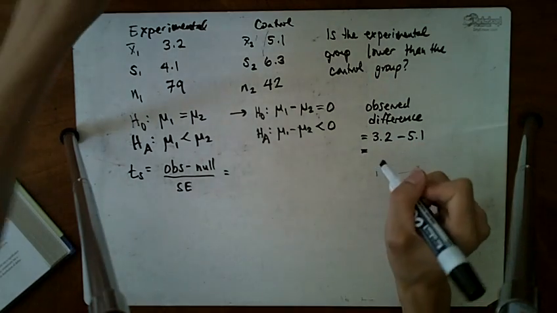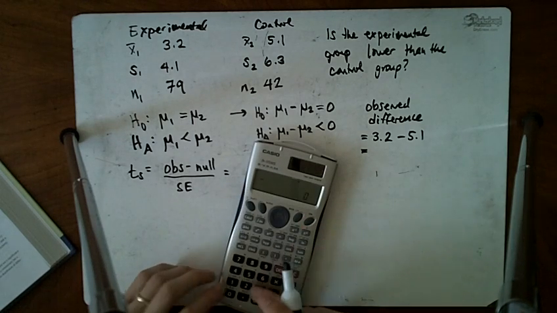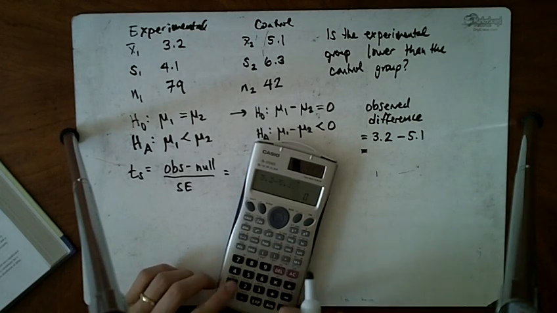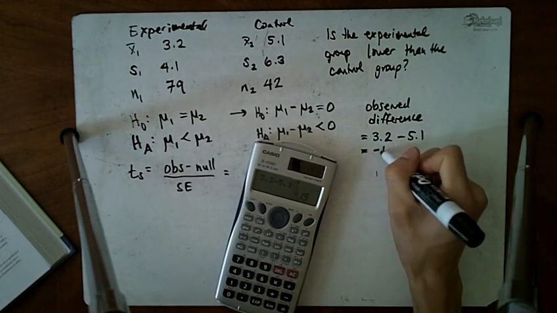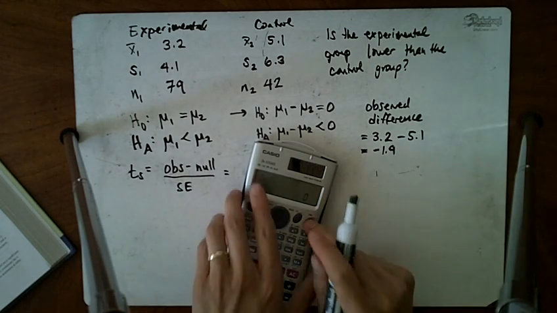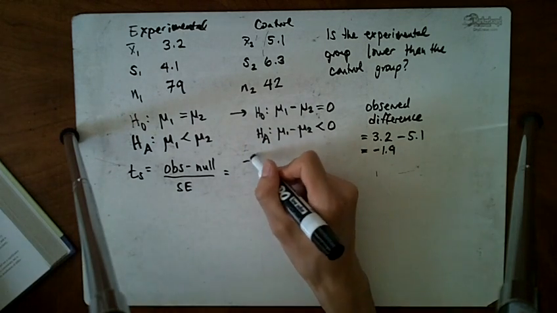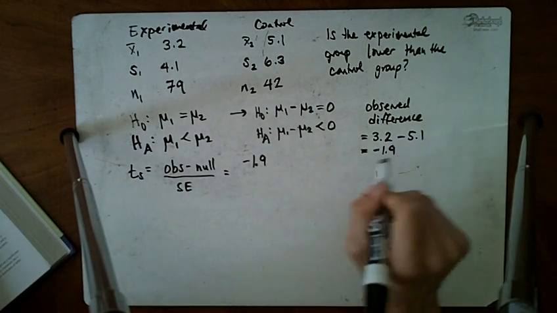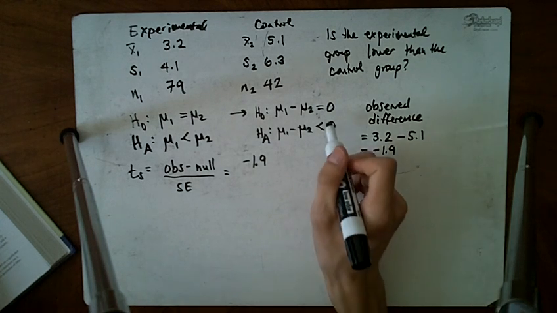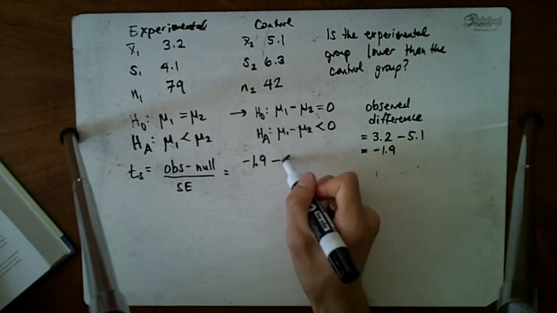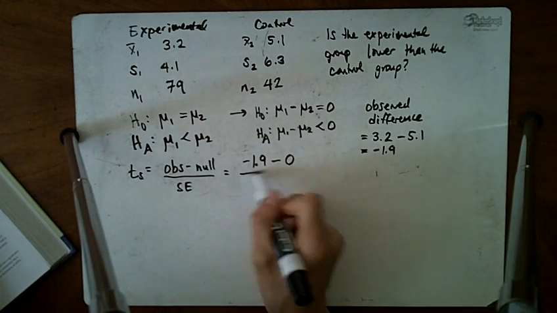So the difference between them is 3.2 minus 5.1. That gives me a difference of negative 1.9. So my observed difference is negative 1.9. Is that significantly different from 0, which is what's stated in the null hypothesis?